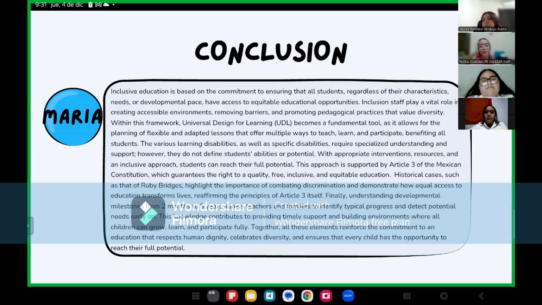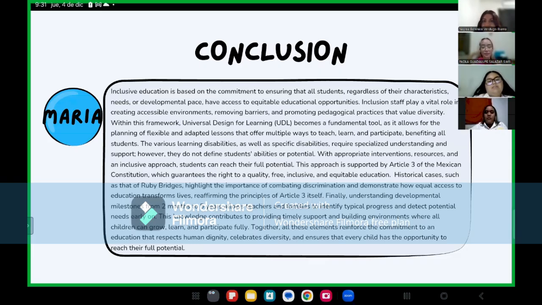allows for the planning of flexible and adapted lessons that offer multiple ways to teach, learn, and participate, benefiting all students. The various learning disabilities, as well as specific disabilities, require specific support, especially to understand and support.